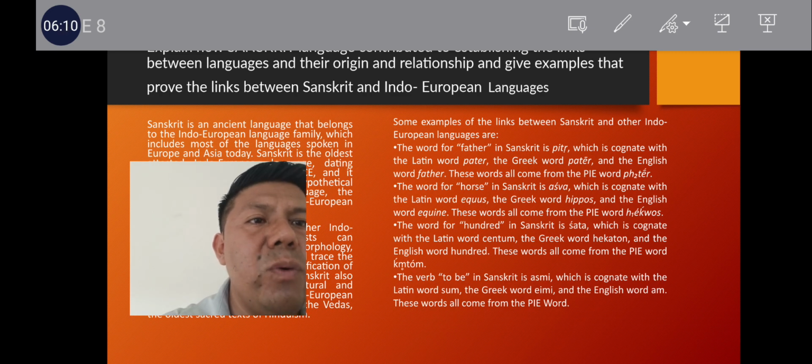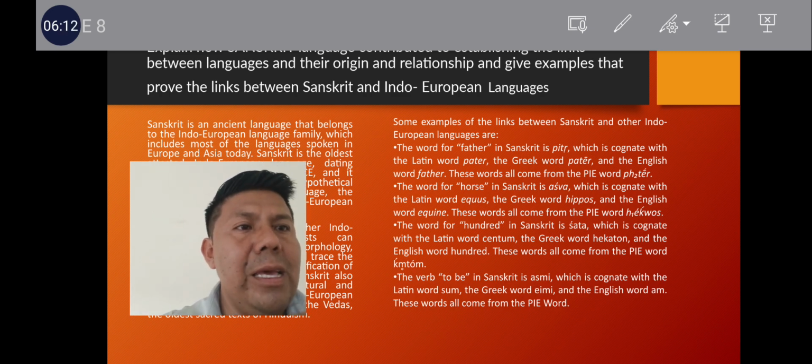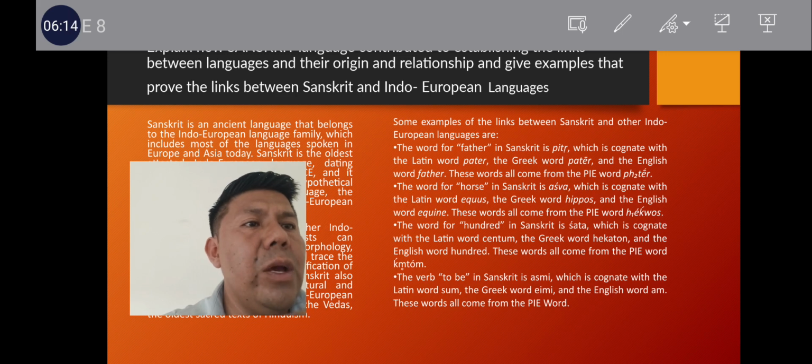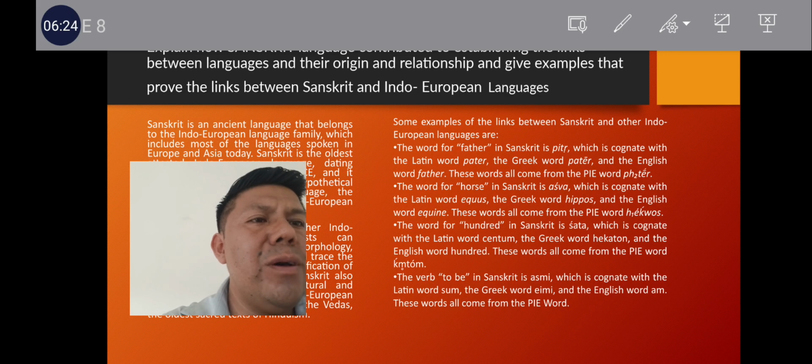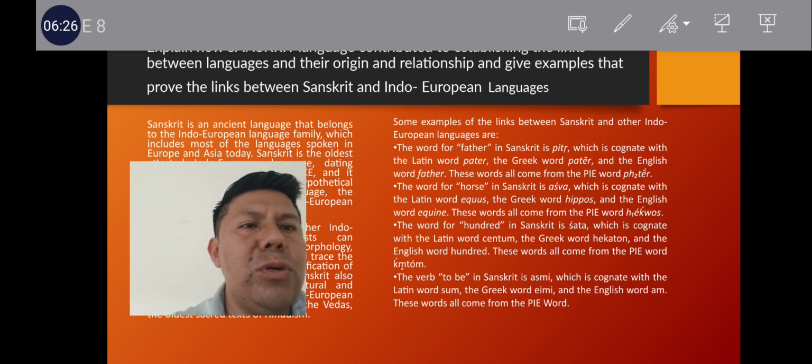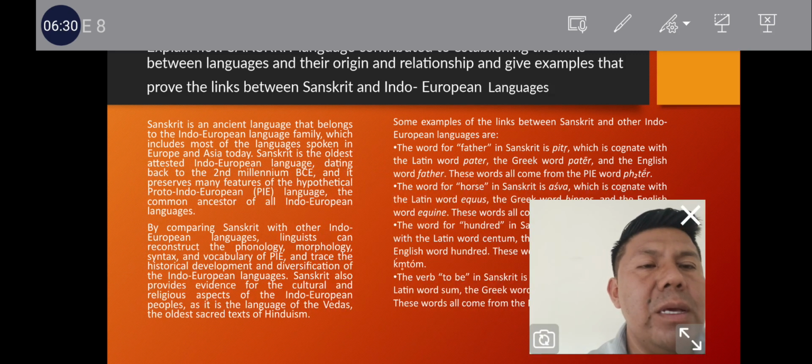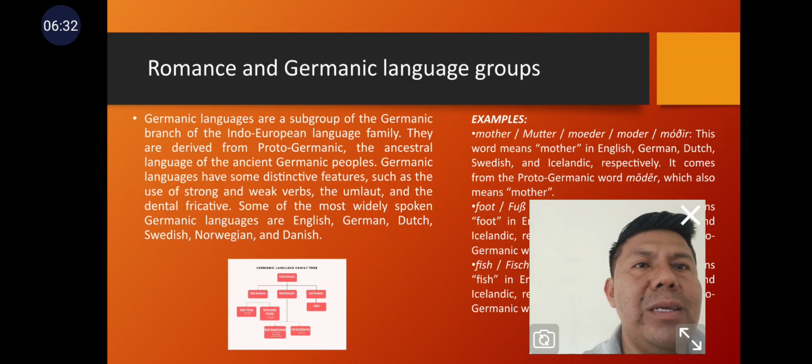The word hundred in Sanskrit is shata, which is cognate with the Latin word centum, the Greek word hekaton, and the English word hundred. The words all come from the PIE word. That is one example to explain the relationship.